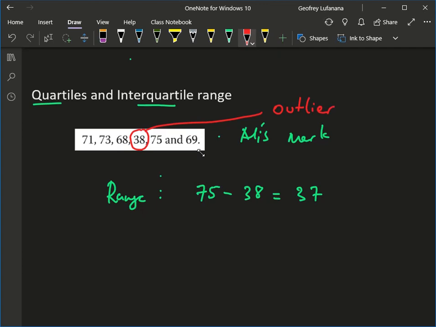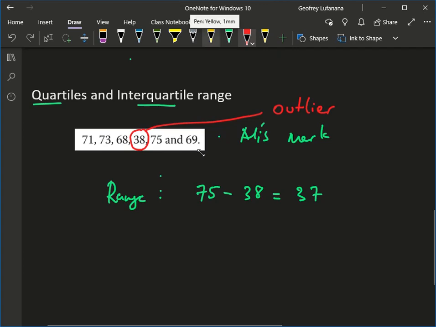These are values that are either very small or very big compared to the other data values, because his marks are in the 70s and lowest 60s, and then there's another very low mark which is 38. It is affecting the range.